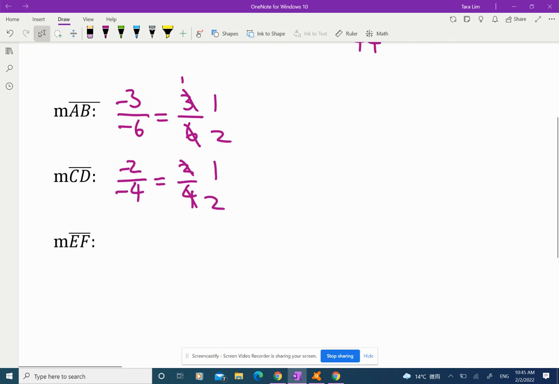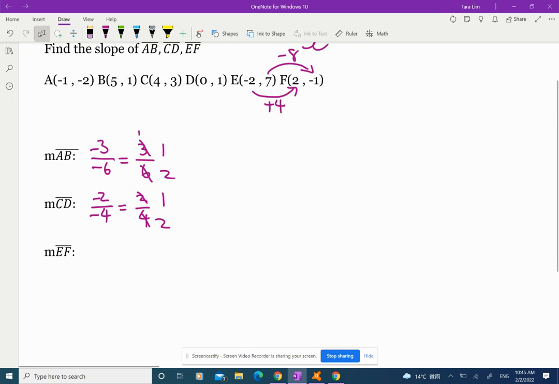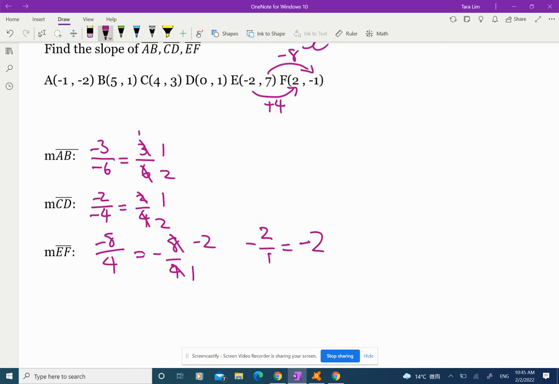So again, it is y over x. So it's y, which is negative 8, over x, which is 4. And that is the same as negative 8 over 4. And that is the same as negative 2. So negative 2 over 1 is the same as negative 2.